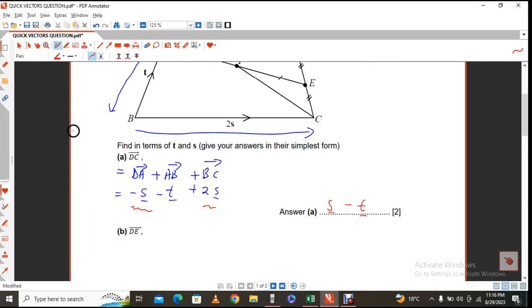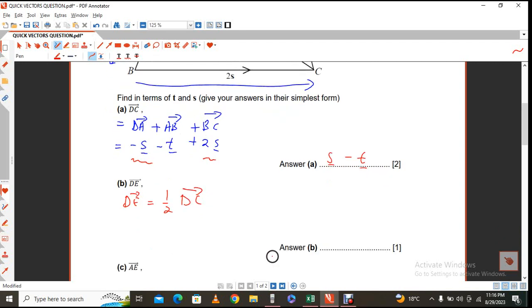Therefore DE equals a half of DC. But we have our DC from the previous answer, so the only thing you need to do is put a half outside, and inside you have S minus T. All right, you can distribute it over, but you can also just leave your answer like that.